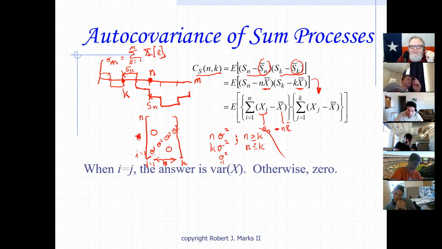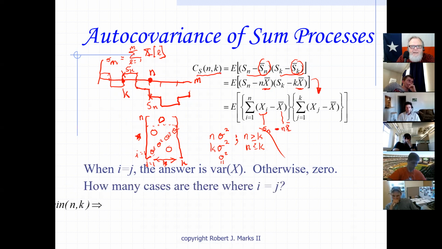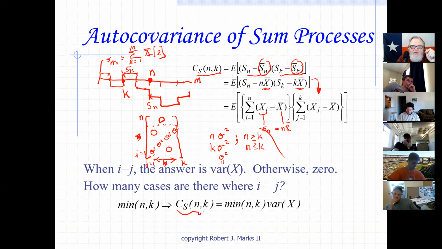Because if n is less than k, we can kind of flip this matrix around and call this n and call this k, and the k's begin to win out. So we see that we don't have the wherewithal to fill up the entire matrix because the top of this guy is going to be all zeros. And so we get indeed this result, and we can write this then as the autocorrelation.